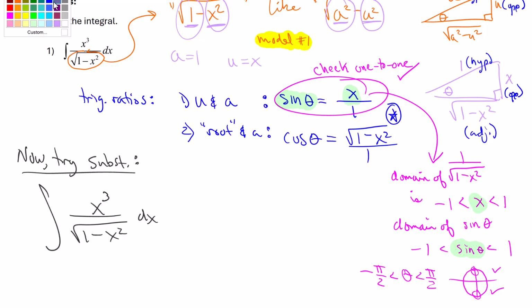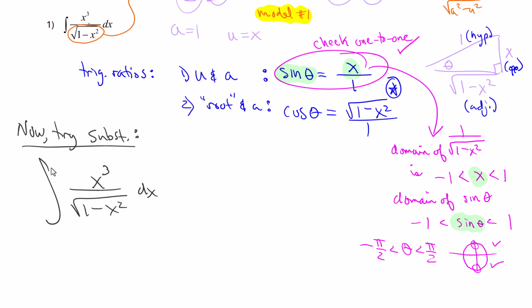Now, some of that may already start to be evident, and some of it maybe not quite yet. In order to replace 1 minus x squared, that's not looking too difficult because notice that's exactly what cosine of theta represents. So that's looking good. We can replace that with a cosine. The question is though, what about this x cubed and this dx? I don't even have a dx in the picture yet, right? So we have to do a little bit of work there to get this prepped.